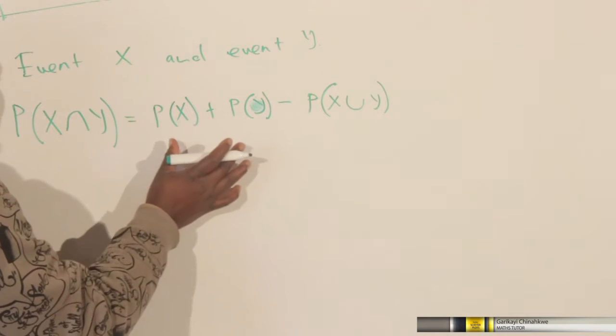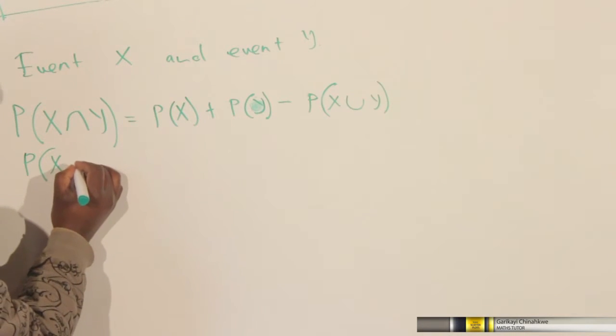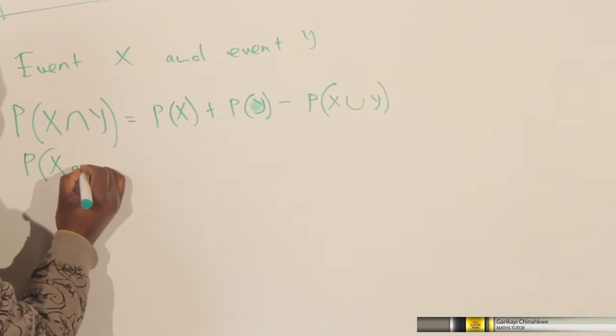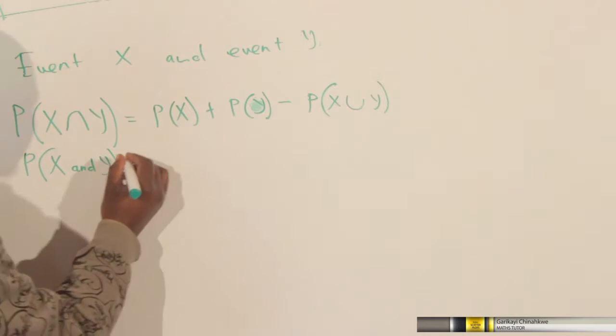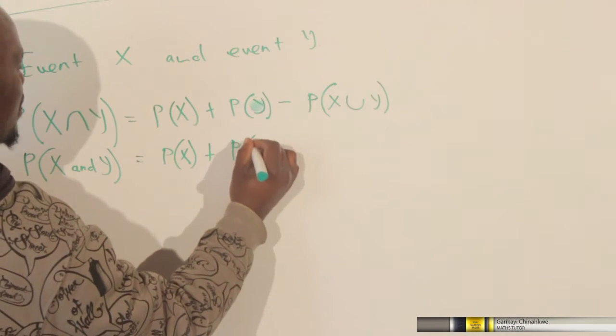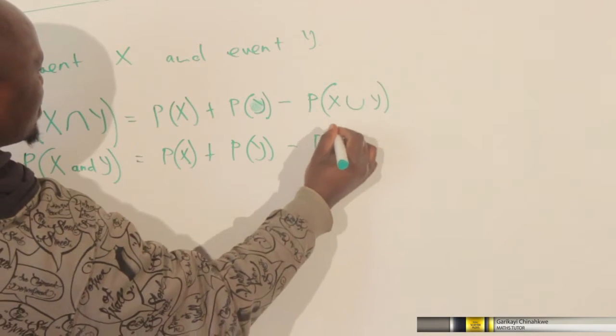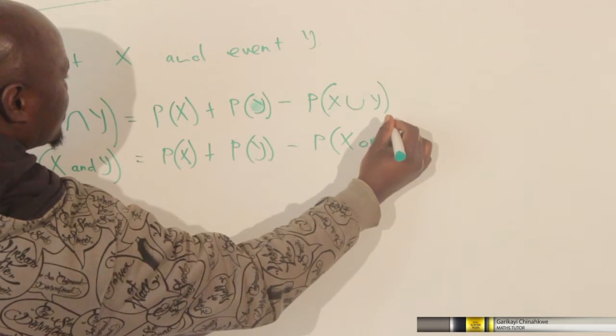In other words, let me rewrite in words. Probability of X and Y is the same as probability of X plus probability of Y minus probability of X or Y.